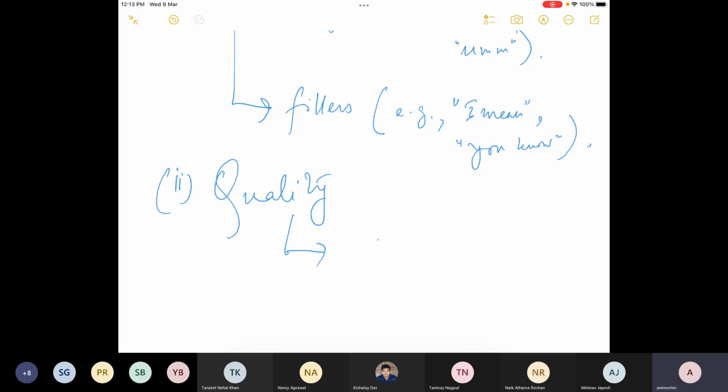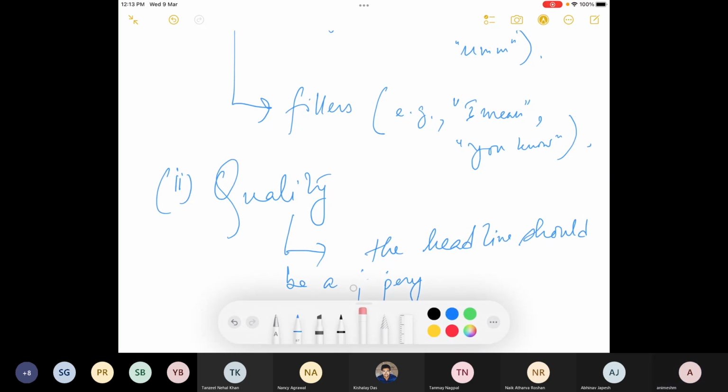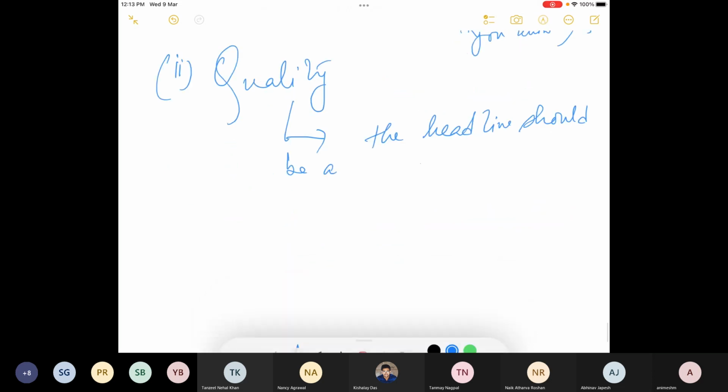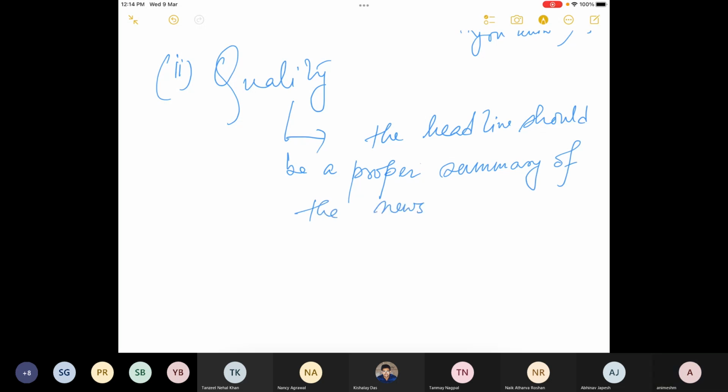So here it means that the headline should be a proper summary of the news body. Okay, this we had already discussed earlier. Now, this can be captured using one way I had already told you while we were talking about similarity.